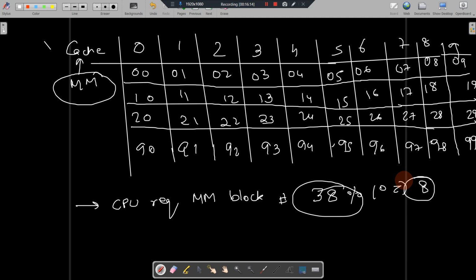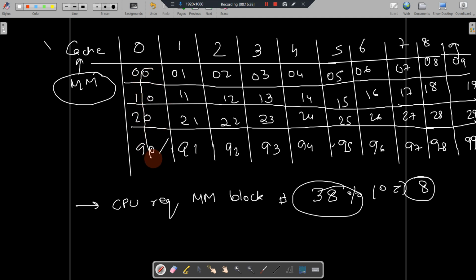But in binary also, how do we find which bits of the CPU-requested main memory block number will be for which cache memory block, and which bits will be used for the tag identifier? Observe over here the LSB bits.